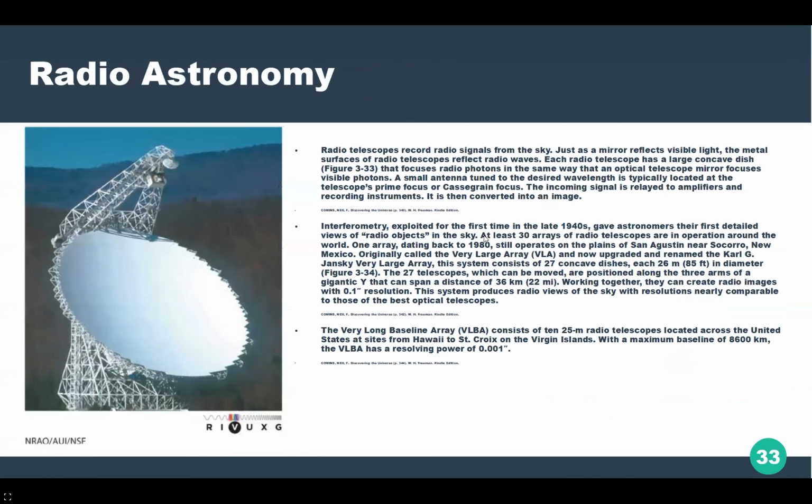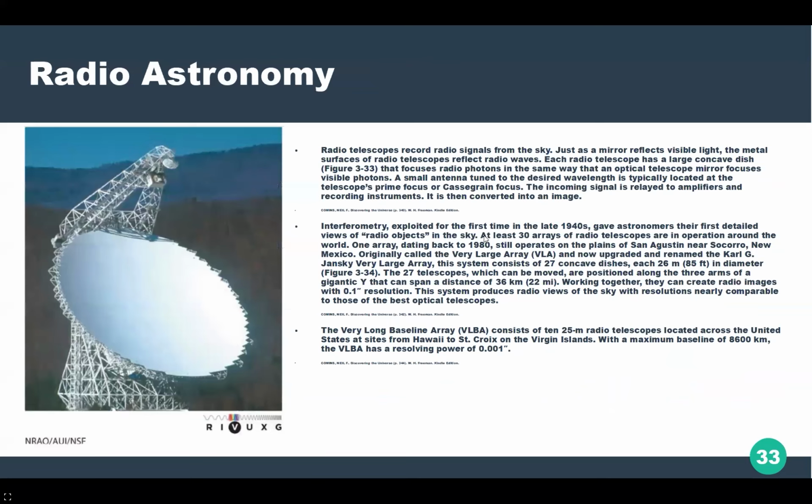In addition to visible astronomy, you also have radio astronomy, which takes advantage of light from a different area of the electromagnetic spectrum. Radio telescopes record radio signals from the sky. Just as a mirror reflects visible light, the metal surfaces of radio telescopes reflect radio waves.